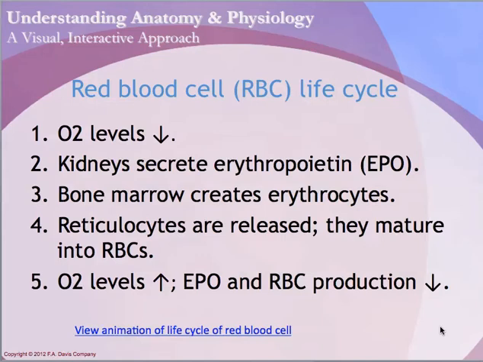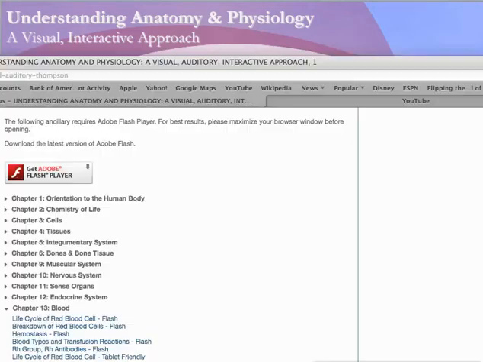Immature erythrocytes are released into circulation. After 1 to 2 days, they become mature. As this number of red blood cells increases, it causes oxygen levels to increase. Therefore, less erythropoietin is produced and red blood cell production declines, which is the negative feedback cycle. So let's watch the animation.